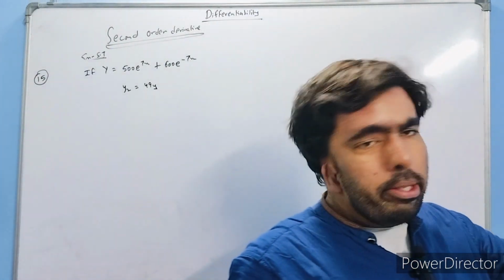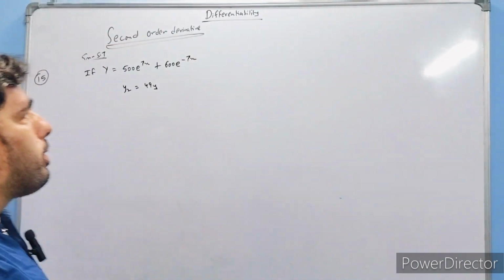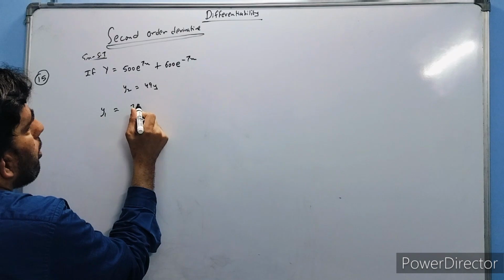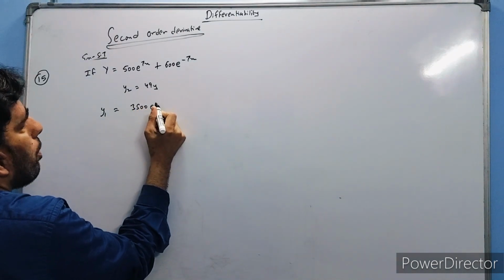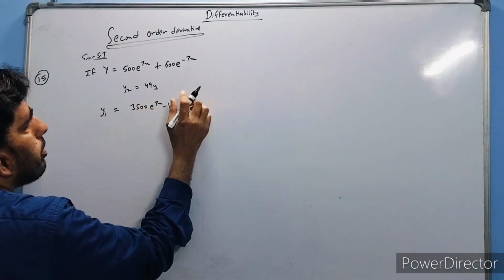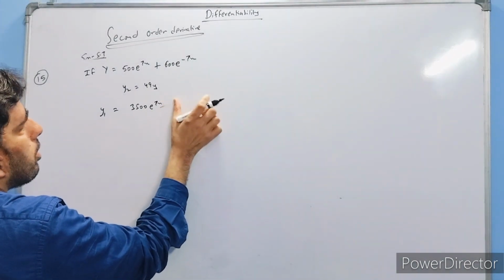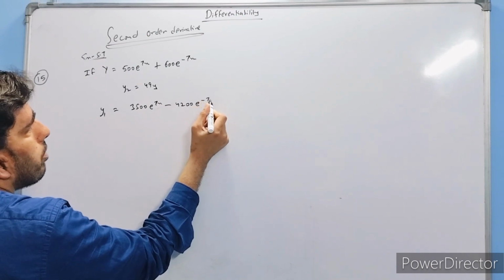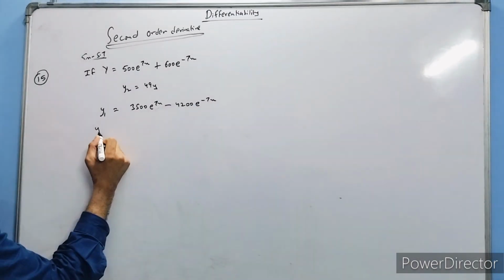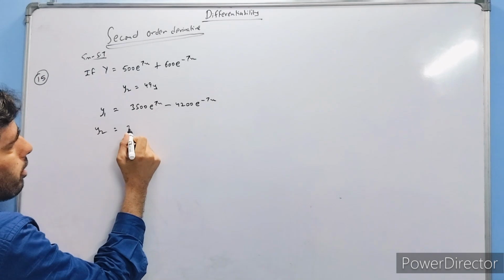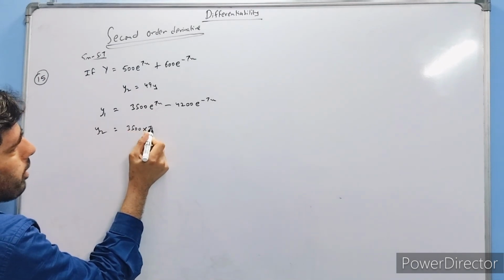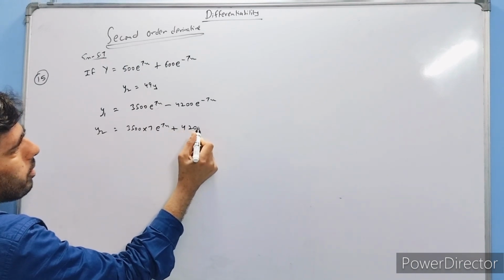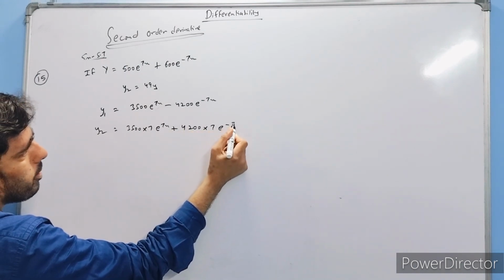In this also we need to differentiate the function twice. First we'll find y1, that is 3500 e raised power 7x minus 4200 e raised power minus 7x. Again differentiating, we got 3500 into 7 e raised power 7x plus 4200 into 7 e raised power minus 7x.